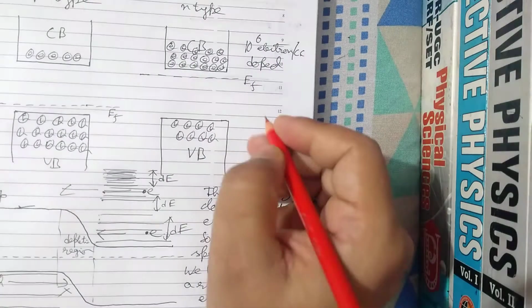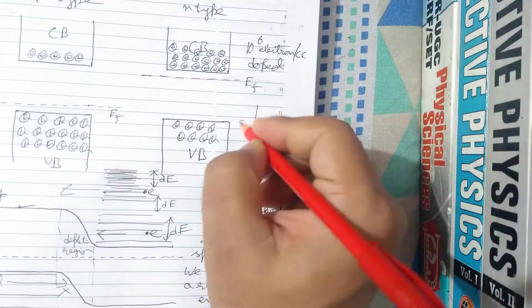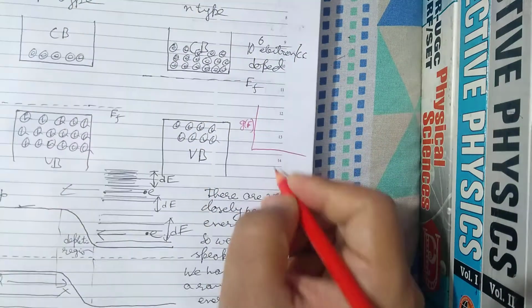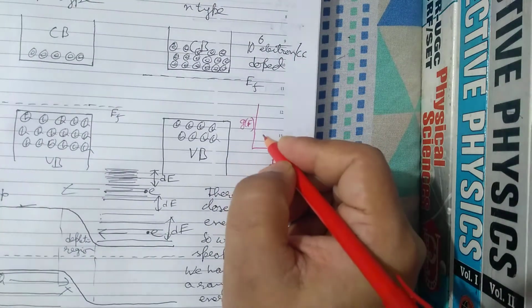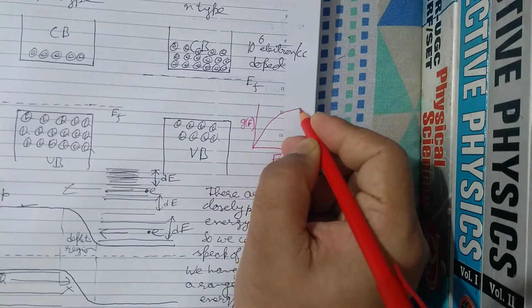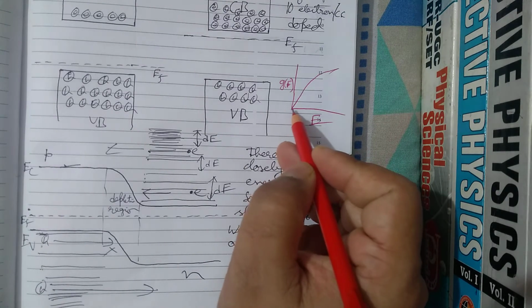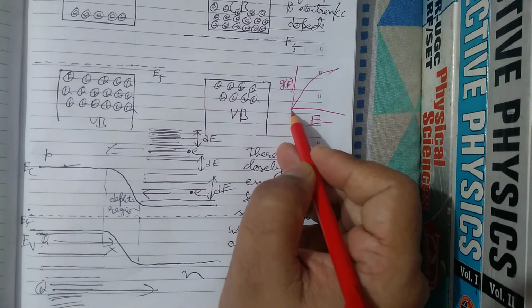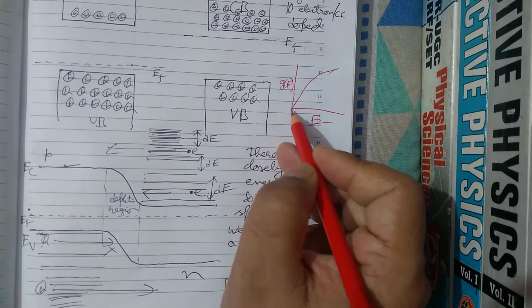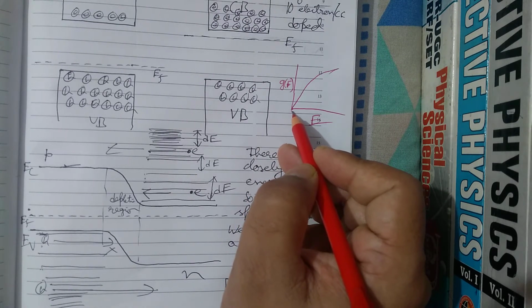If I plot G of E versus E, how does it look like? It looks like this. So what do we see here? This is near the Fermi level, that is near the conduction band.